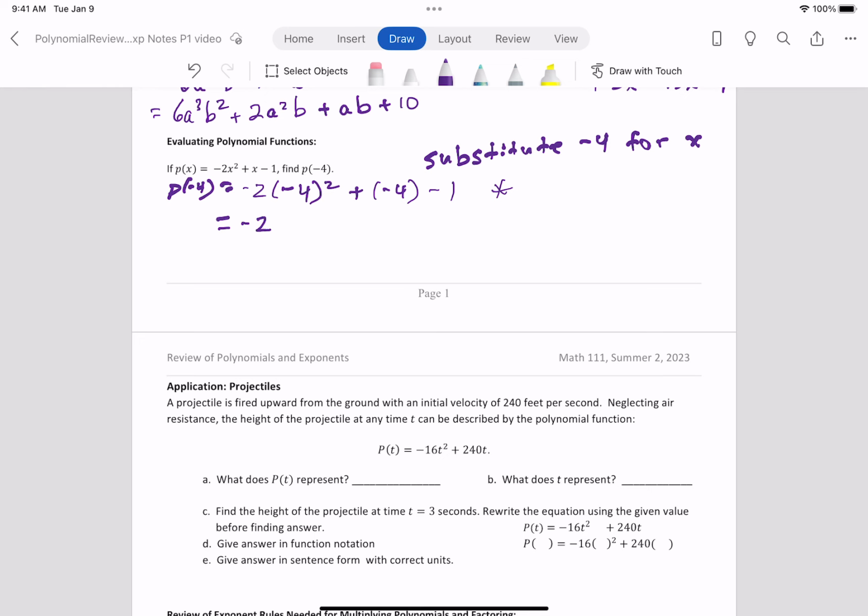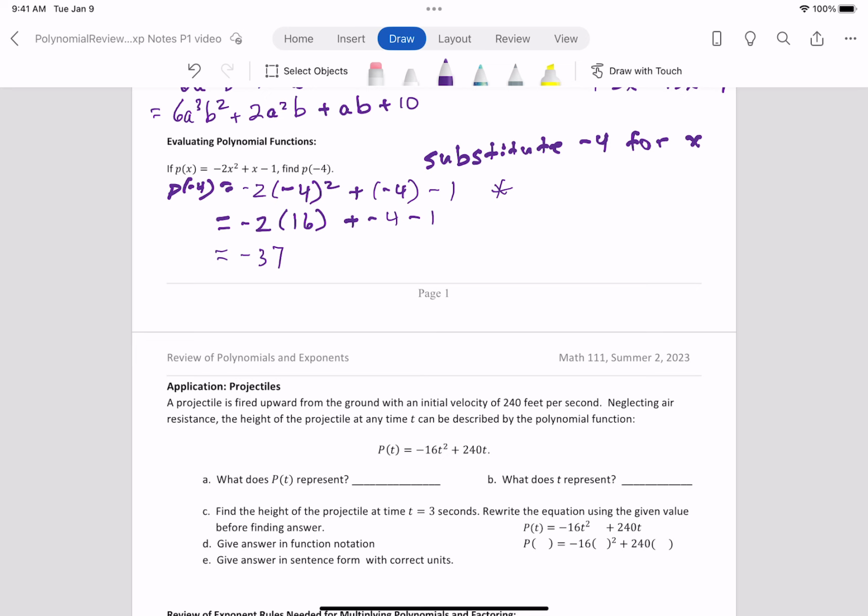This would be -2 times (-4) squared, which is -4 times -4, is 16, plus -4 minus 1. You can just enter that into the calculator exactly the way it looks, and hopefully we should get -37.